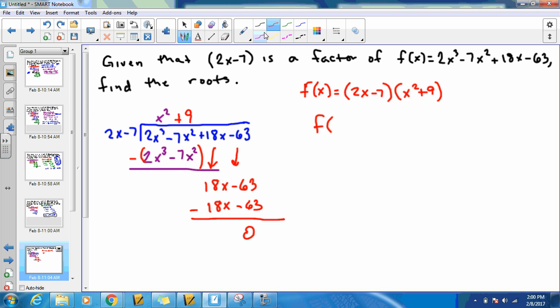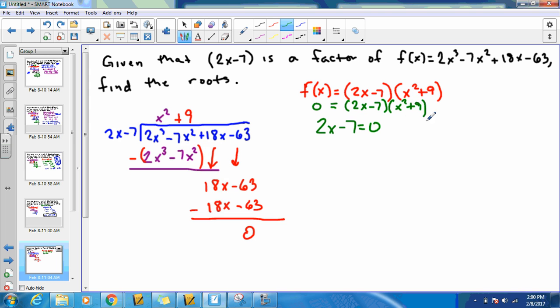So what I'll do then is go ahead and define the roots, or the zeros. I'll set each factor equal to 0. Skipping a step, I would set the whole equation equal to 0.